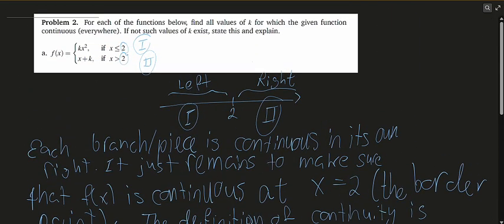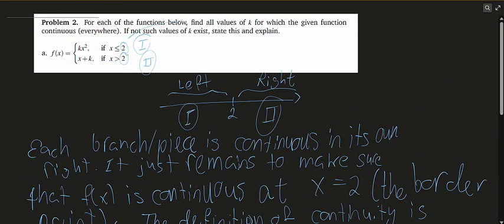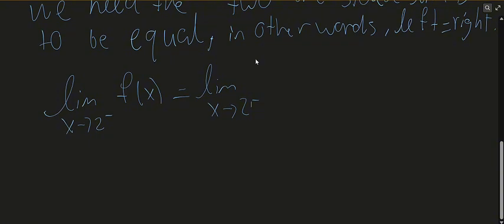In which case, what branch will we use? We will use the top branch, Roman numeral 1. That's the left. Because if x is equal to 1.99, then it's a bit less than 2, so that falls under the jurisdiction of this one: x is less than or equal to 2. So in this case, the limit as x approaches 2 minus is going to be the top formula, k x squared.